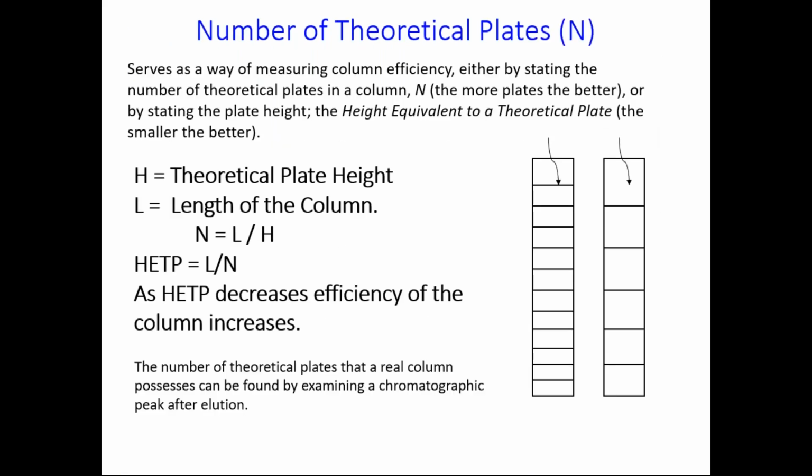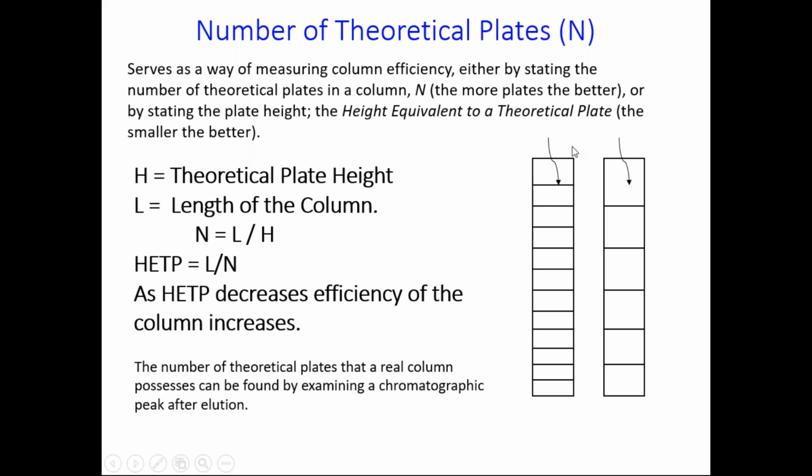The number of theoretical plates is a measure of describing the column efficiency, by stating the number of theoretical plates n in a column, or by stating the plate height, or the height equivalent to a theoretical plate. Here, h is the theoretical plate height, which is the distance between the plates.